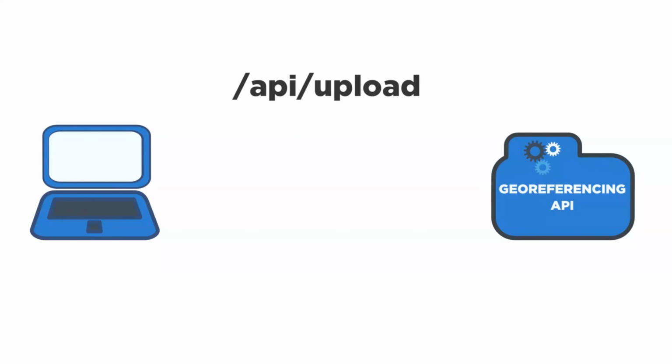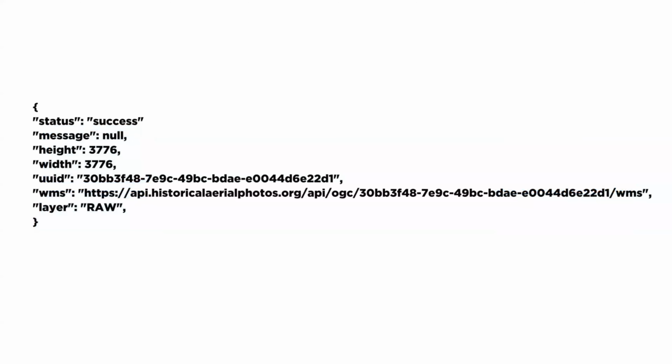So let's take a quick look at the format of this JSON response. We have a status key that will either contain success or fail. In the case where the status is anything other than success, there will be a message describing the error. There's the height and the width of the raw image that was uploaded.